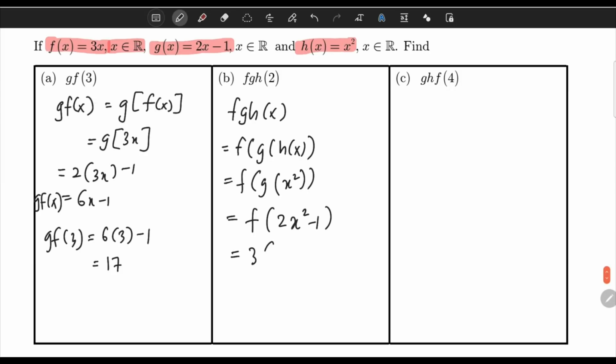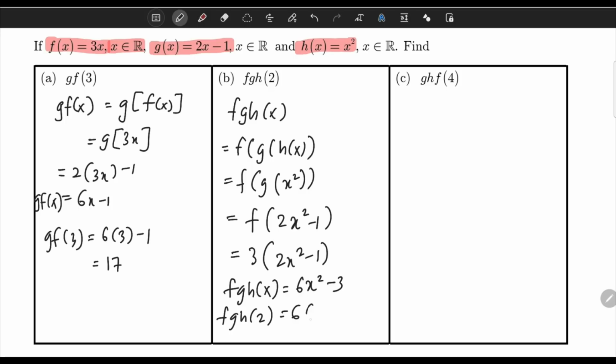So we get 3 times 2x squared minus 1. So fghx equal to 6x squared minus 3. So substitute fgh2. So that will be 6 times 2 squared minus 3. So 6 times 4 is 24 minus 3. So 21.